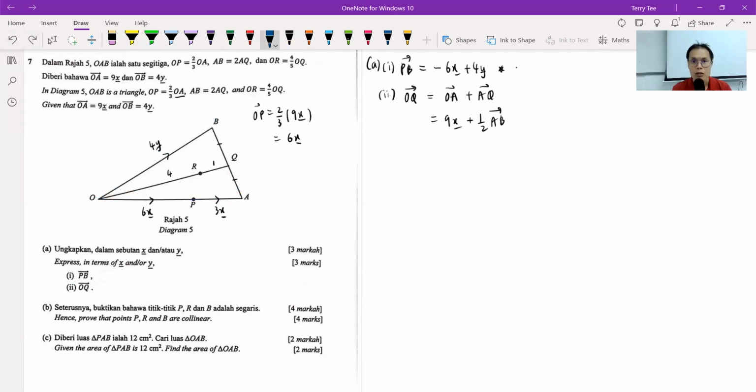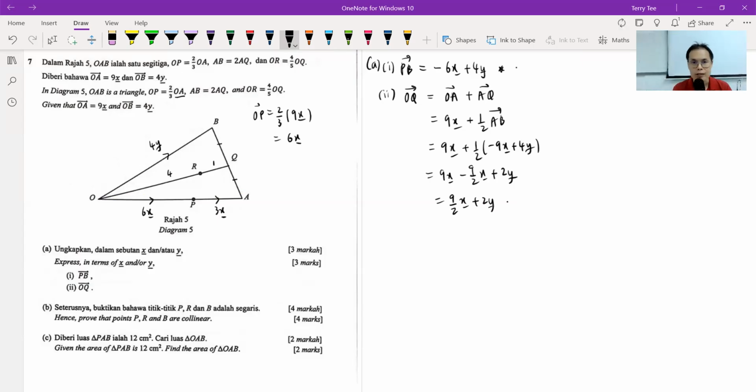So let me write over here: this is 9x, this is half of minus 9x plus 4y. Multiply inside: 9x minus 9 over 2 x plus half times 4y is 2y. 9 minus 9 over 2, you get 9 over 2 x plus 2y.